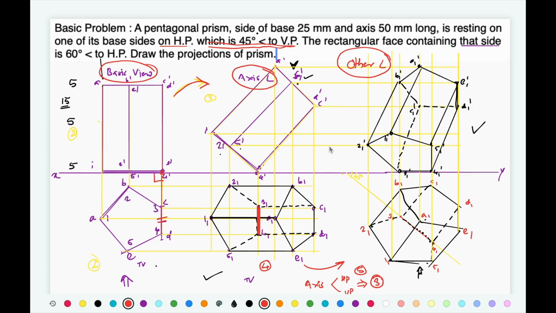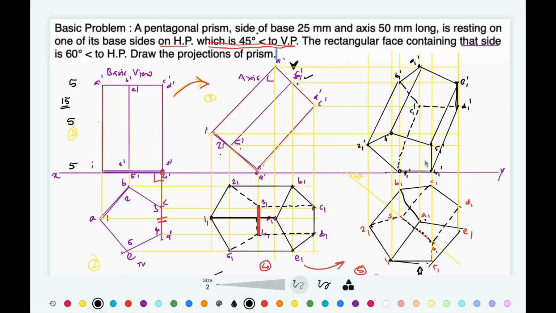Here other inclination is inclination of the base side that we have considered in the step number 3. So whenever you are going to draw a solution on projections of solids, we are going to stick to this rule. First basic view, step number 2 axis inclination, and third step is going to be other inclination. Okay, so this is going to be our solution.